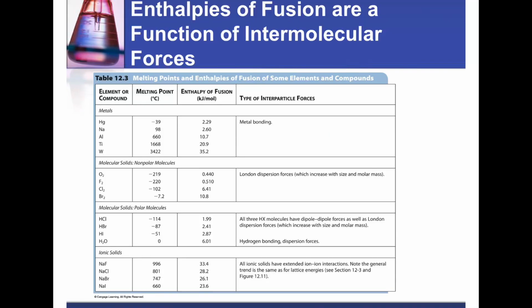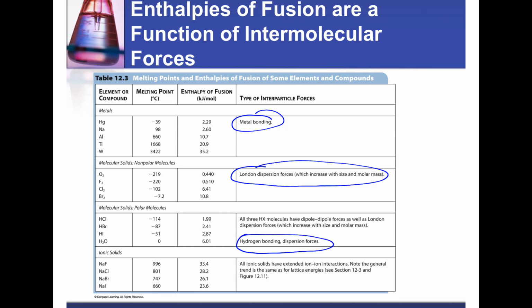Right, so when we take those properties into consideration, what type of bonding or intermolecular forces are holding compounds together, ionics down here and metals up here, the types of forces holding the solids together help us explain the range in melting points.